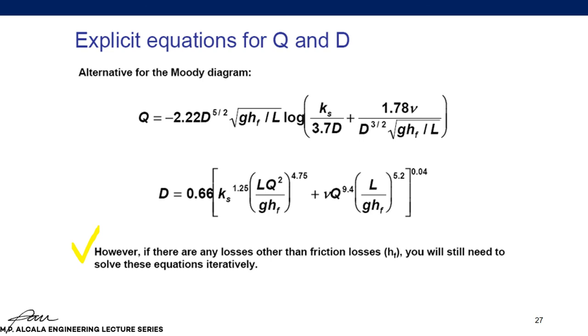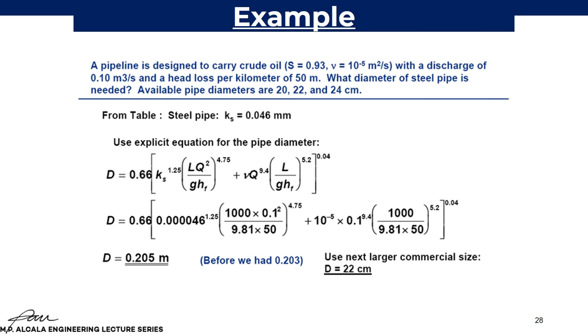So, here's our however statement before using these easy equations. Input, plug and play. However, if there are any losses other than friction losses, HF, you will still need to solve these equations iteratively. So, there is still this deadly word, iteratively. This tiring word, right? So, here's our problem again a while ago.